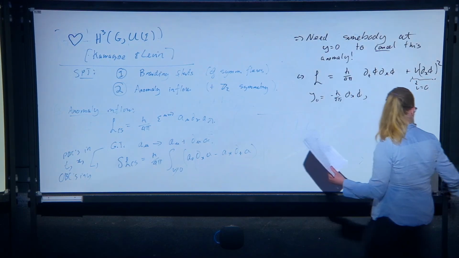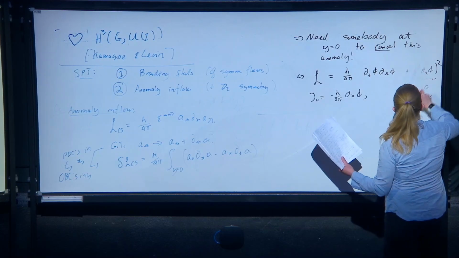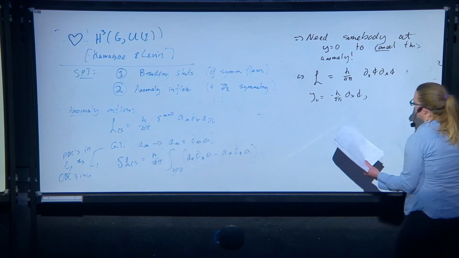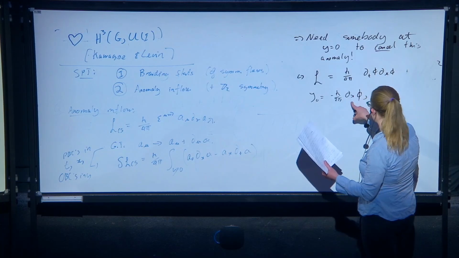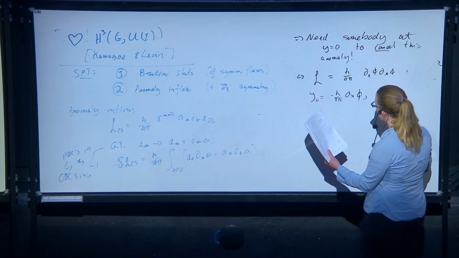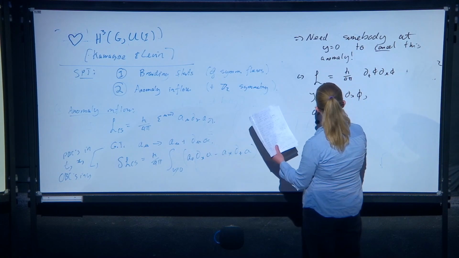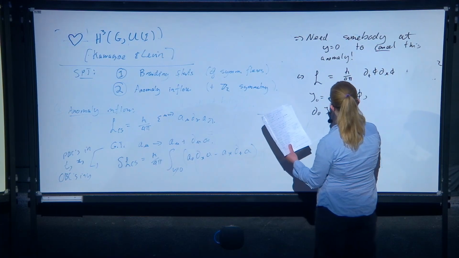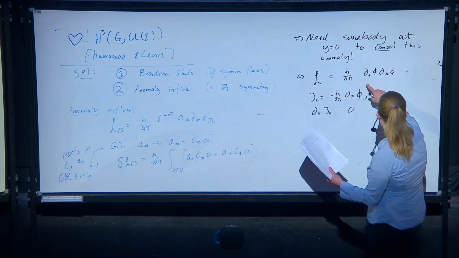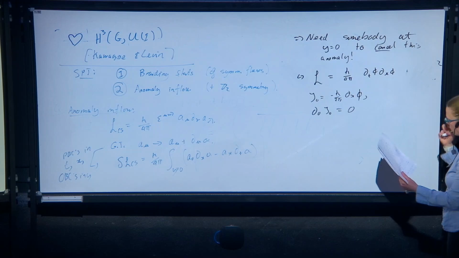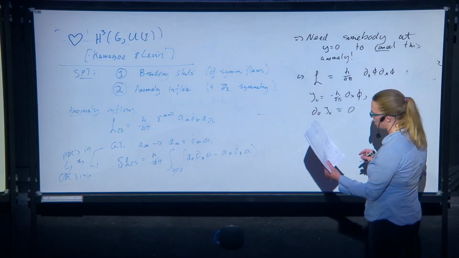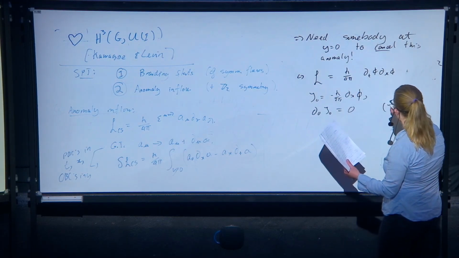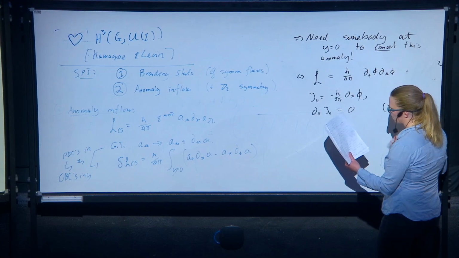So maybe we'll erase this term. I could modify this. But if I just have J0 as dx phi, then by the equations of motion, d0 J0 is equal to 0, right? Take the variation with respect to phi, and that's what you get, okay? And so this is a conserved current which has Jx equal to 0, okay?